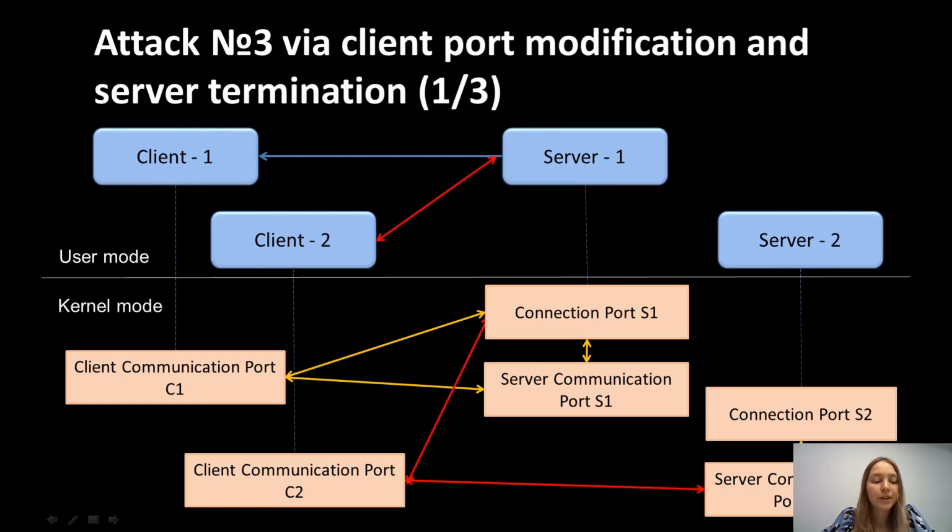Attack number 3, via client port modification and server termination, is a more complex spoofing attack. It is performed in 3 stages. Firstly, the client communication port of client C2 is modified as in attack number 1.